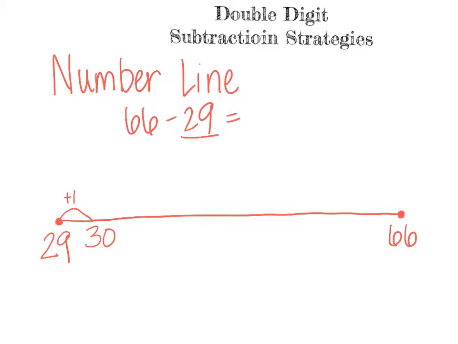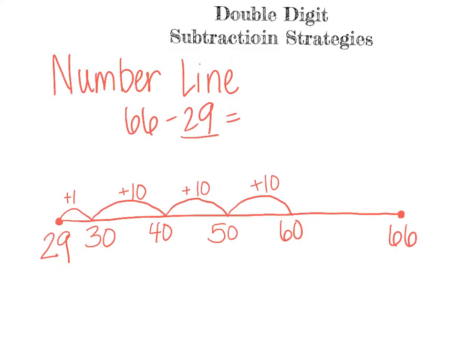Now I'm going to make another jump, a jump of 10. So I'm going to plus 10. I know that 30 plus 10 is 40. I'm going to make another jump of 10. I know that 40 plus 10 equals 50. And I'm going to make another jump of 10 because I know that 50 plus 10 equals 60.